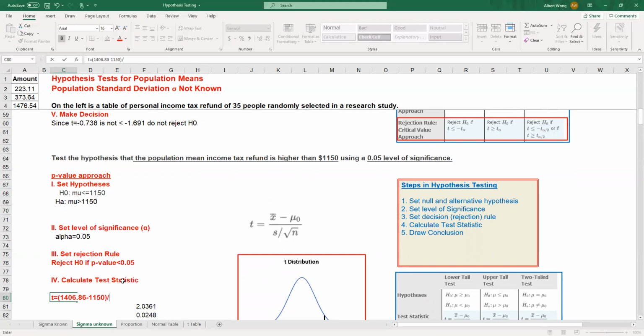And taking into account variability, this is 746.33 divided by square root of 35. So using the same formula, it doesn't matter if it's upper tail, lower tail, or two-tail test, compare x bar with mu0 divided by s over square root n, which is what we have. And I already have the calculation here.